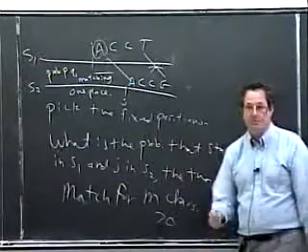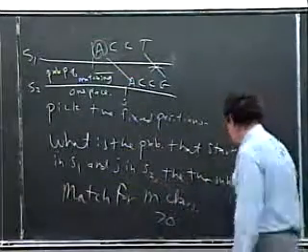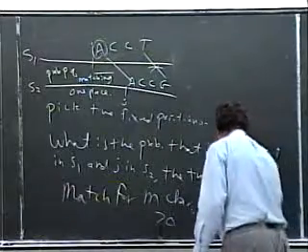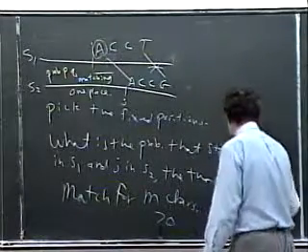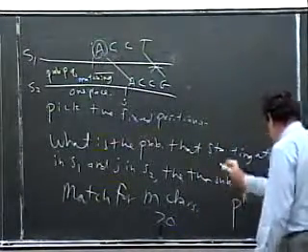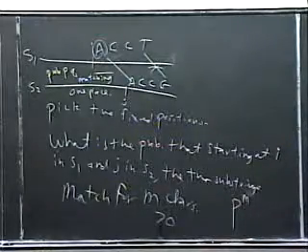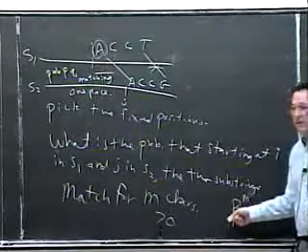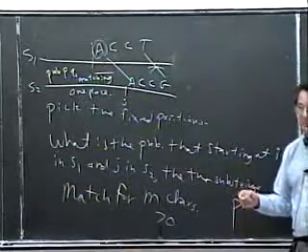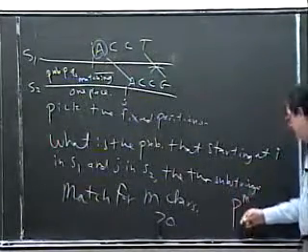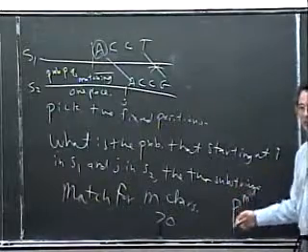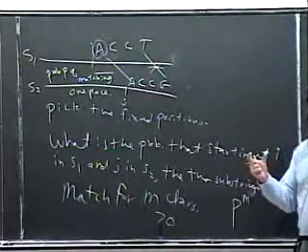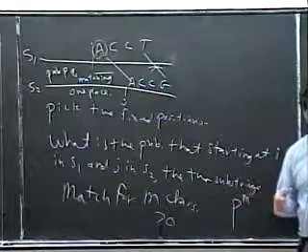It's P times P times P, m times, so it's P to the m. P raised to the m. Now, they may match for more than m. This is not saying that they match for exactly m. If I was to say that they match for exactly m, then the next one would be a mismatch, which happens with probability 1 minus P.